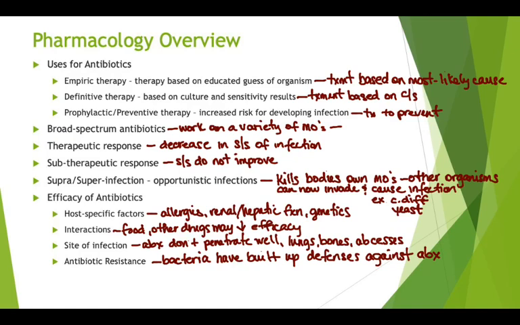So usually we give it before a procedure or before a surgery. We use it to prevent any types of infection if we know they're most likely to be exposed. They do need to be given 30 minutes prior to a procedure in order to ensure that adequate tissue penetration has occurred.